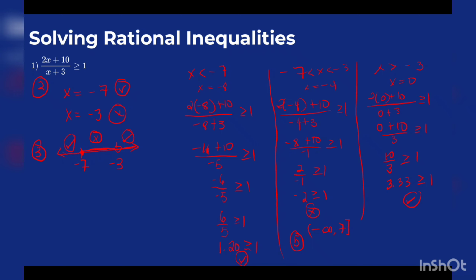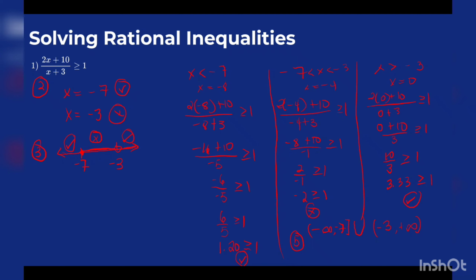And since you have 2 or more intervals, we'll use union to indicate that there is another interval included in the set of solutions. And that is from -3, which is not included, until positive infinity.